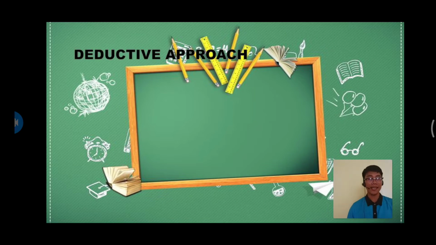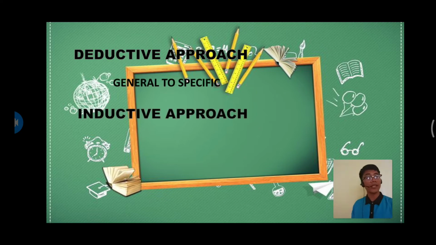Because in teaching deductive, the teacher teaches the students from general to specific. While in the inductive approach, the teacher has to teach the students from specific to general. So the inductive approach is more applicable to beginners.